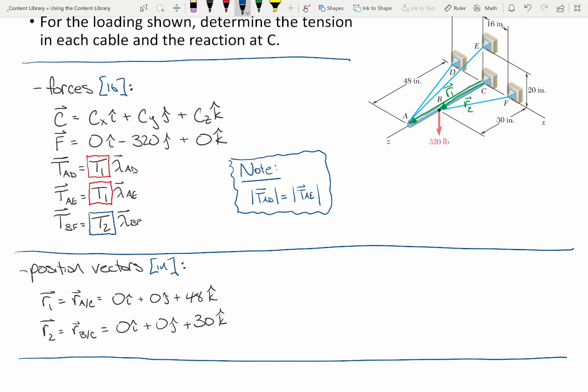So we have, let's see, how about MAD, right? Which is going to be tension AD, or sorry, nope, I got that backwards. So AD, and what's the R vector? That's going to be R1, right? We've got MAE.